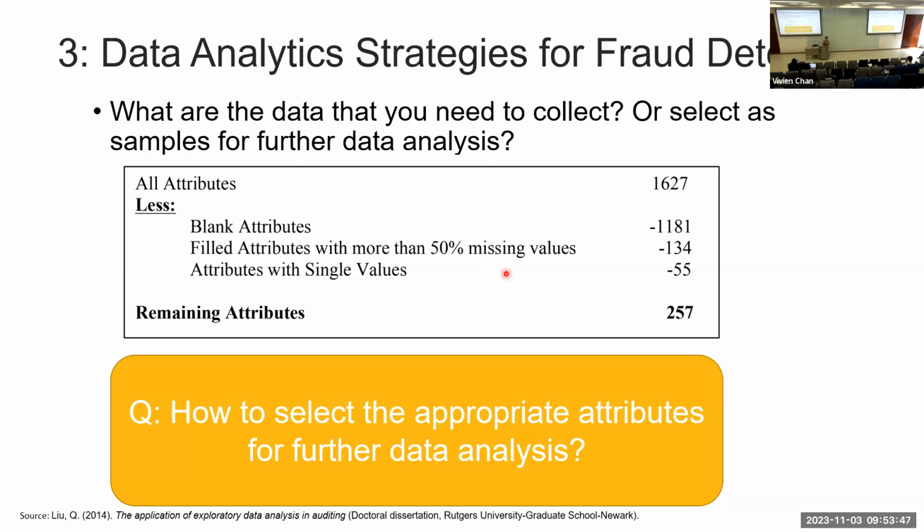We are not talking about one or two attributes; there are quite a lot of attributes with single values. So what are the possible reasons behind it? Anyone want to try?